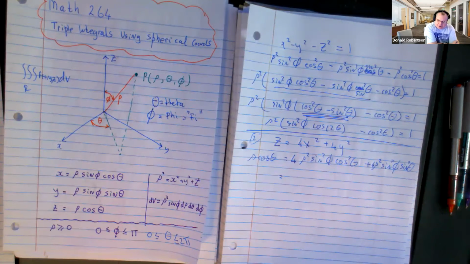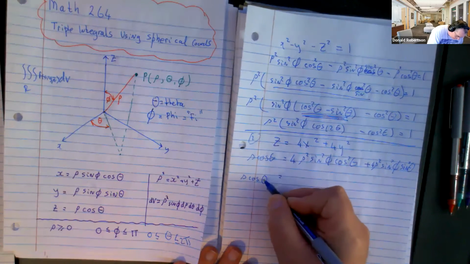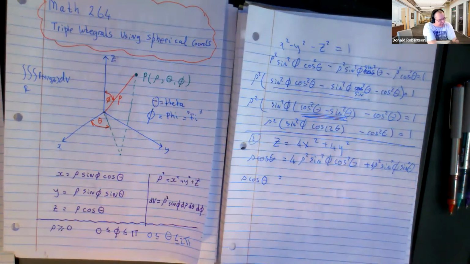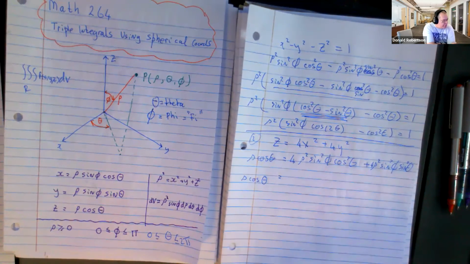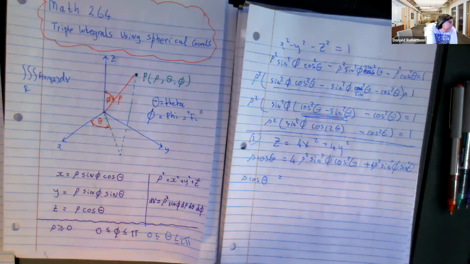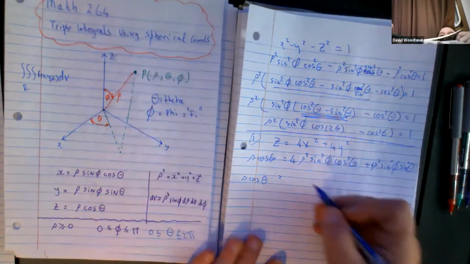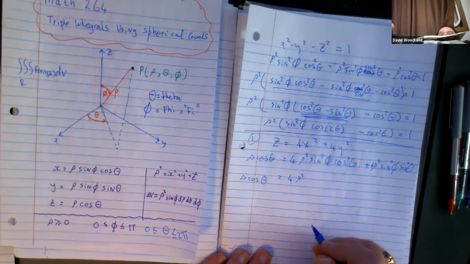Anything you can do here? One expression plus another. Anything you can do to make it look pretty? Take out the 4 rho squared sine squared phi.